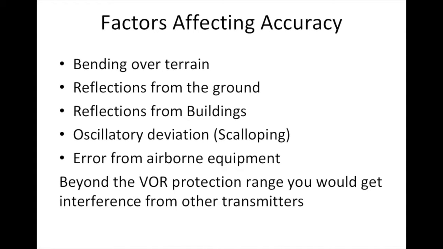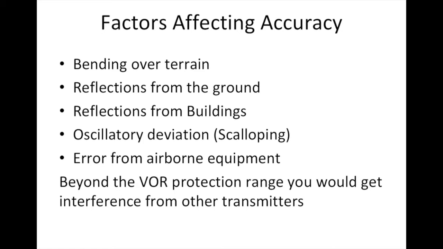And reflections from the ground, reflections from buildings, which is why, for example, let's say you're on the ground, you are typically within the range of an en-route VOR, but you try to tune in that frequency in the cockpit and you get a failure flag, and you're wondering why. It is because there are reflections from buildings, there's bending over terrain, etc. Once you are airborne, you find that, whoa, I can pick up the signal now, and we'll talk about that in just a sec, how you have to tune in and identify.